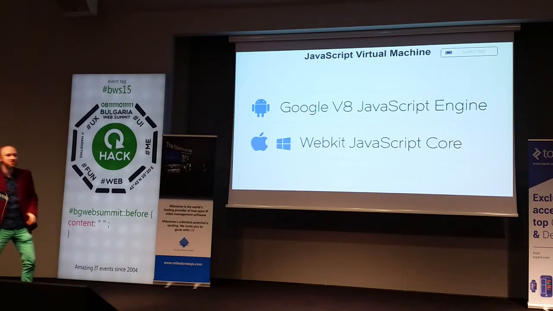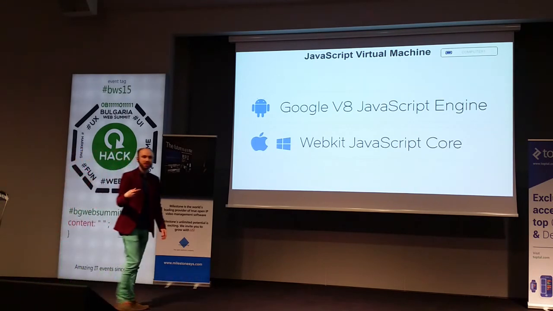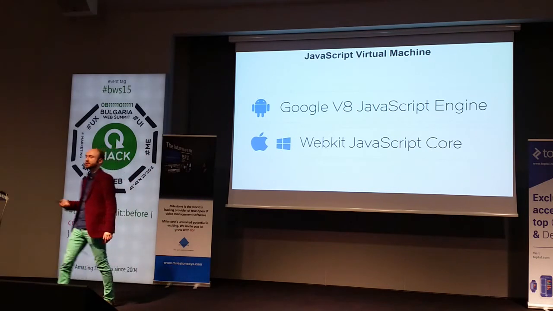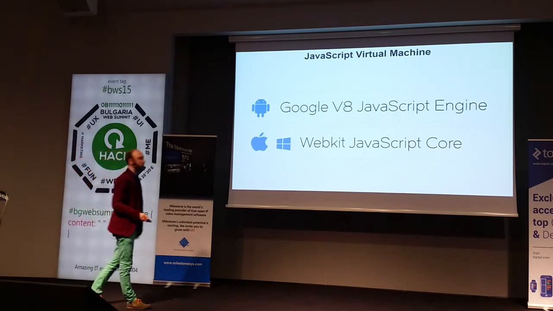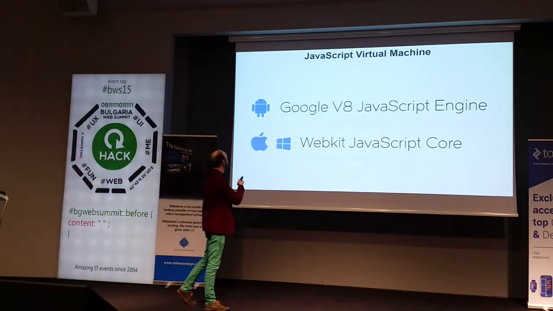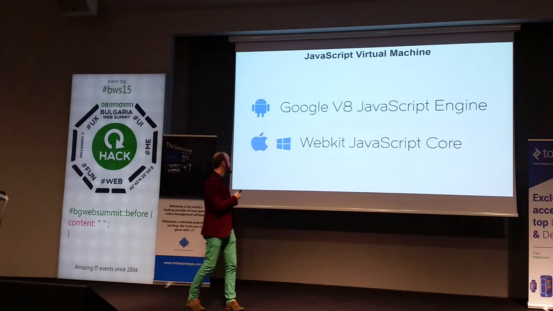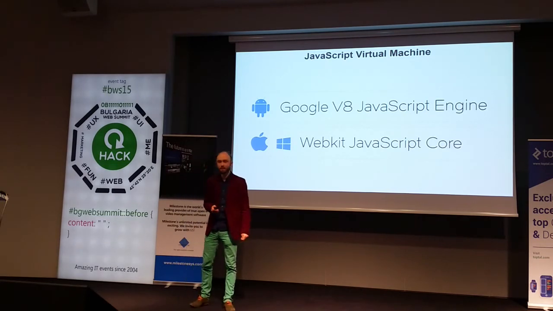So NativeScript is not just a set of libraries, but more of a runtime that uses a JavaScript virtual machine to execute your code. For Android, we're using Google's V8 JavaScript engine, and for iOS and Windows Phone, it is WebKit's JavaScriptCore.